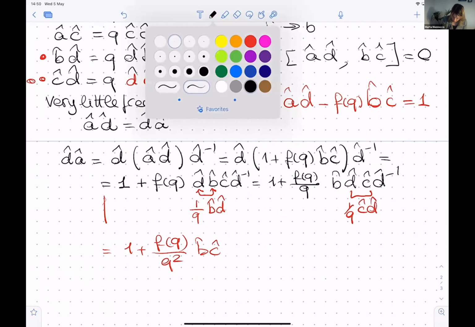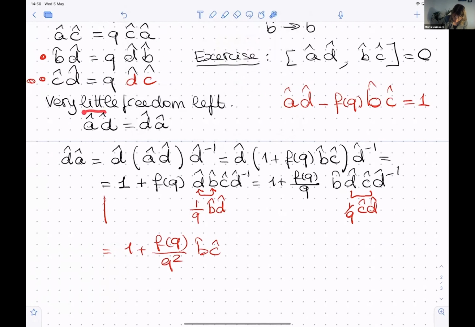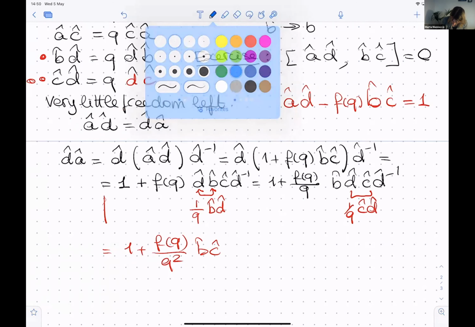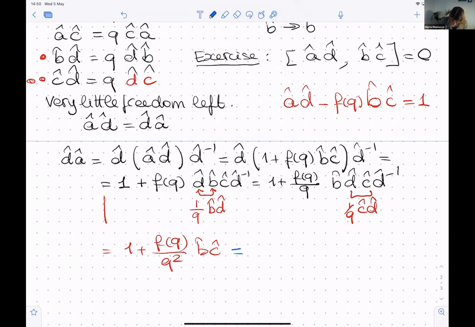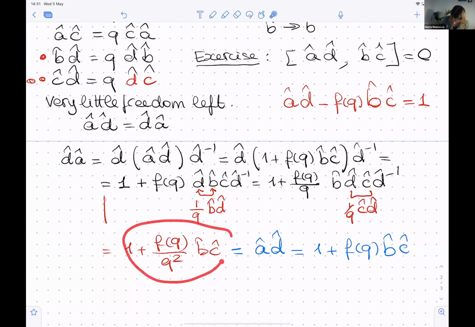So let's go back to what we wanted to do. We wanted to say that AD is equal to DA. So if that was true, let me do it in another color. If this was equal to AD, but AD is actually equal to 1 plus F of Q BC, what we get by comparing left-hand side to right-hand side is that the only way that can happen is either F of Q is 0, which we don't want, or BC is 0.